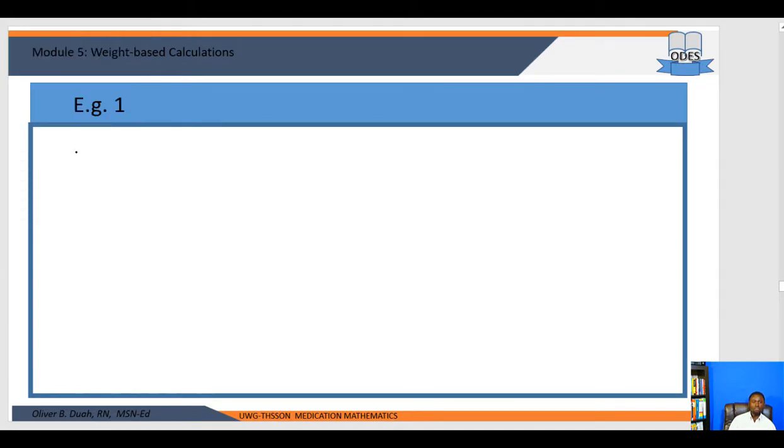We have our vehicle times the desired dose divided by what we have. And so this is going to be, our vehicle is 5 mL.